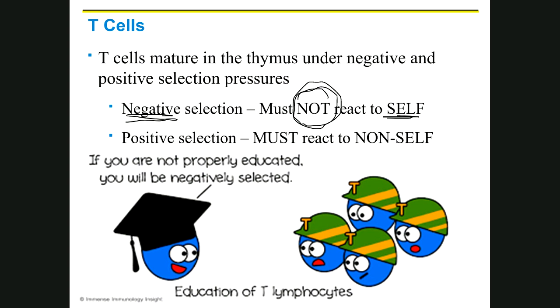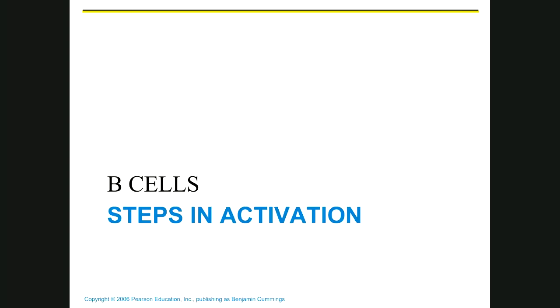And positive selection, positive means yes, you must react to non-self. And again, if they don't pass these tests, then they're killed. And then the other ones go out and they circulate. Any questions?